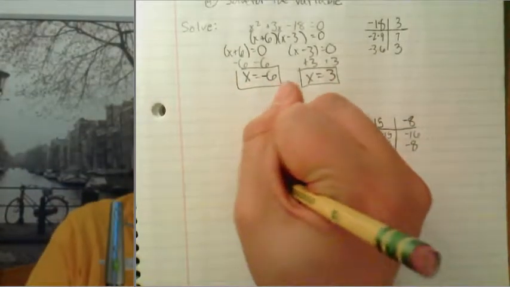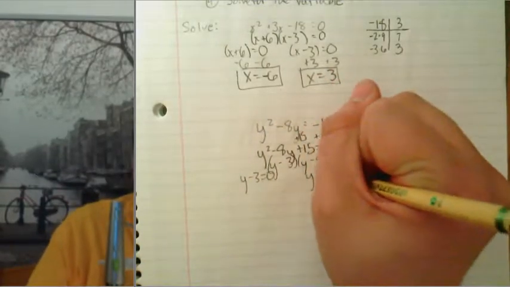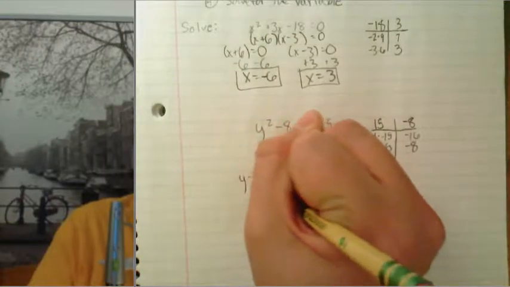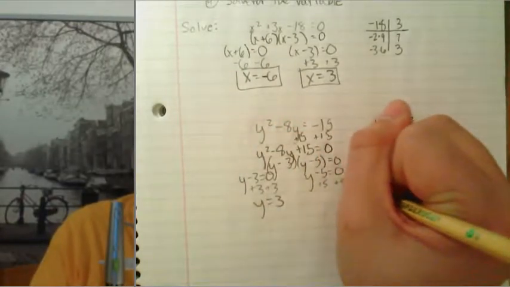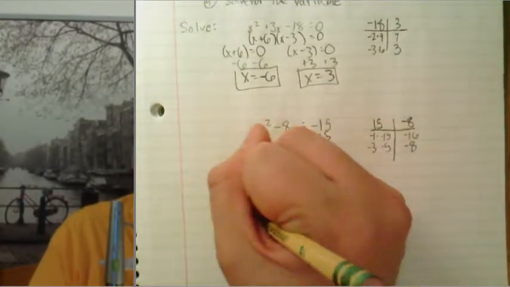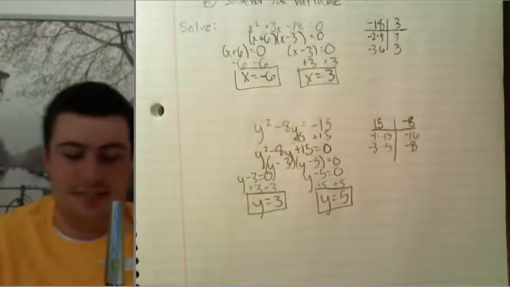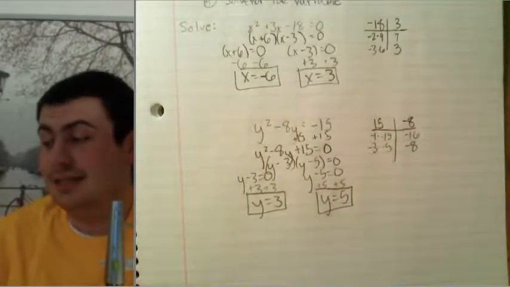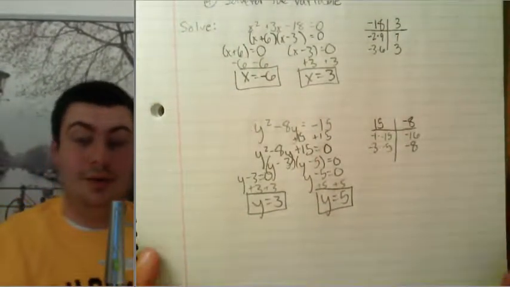So y minus 3 equals 0, y minus 5 equals 0. So y equals 3, y equals 5. So when y squared minus 8y equals negative 15, y equals both 3 and 5. And if you doubt it, plug it in to check. And that is okay to do.